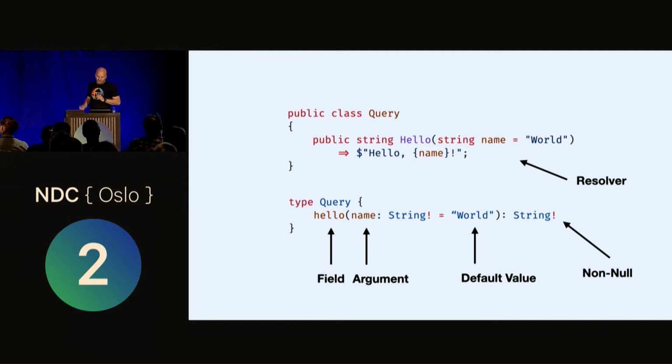Also, one important aspect with GraphQL: types are nullable by default, and they are non-nullable if we put an exclamation mark on that. So this is not a null-forgiving operator. That is different in C#, where we put a question mark on a type to make it nullable. So it's reverse.